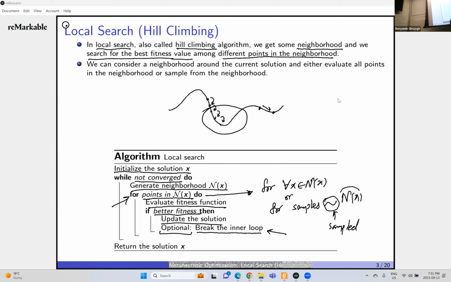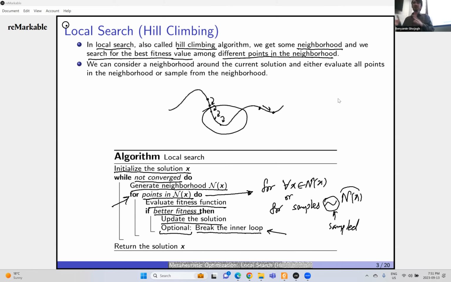So you should decide whether you want to do classical optimization, do the math, do the hard work, or if you're lazy, you should accept that you might get stuck in the local best using intelligent search. However, some metaheuristic optimization algorithms are dumber than the other ones. So they are more prone to get stuck in the local best, right?